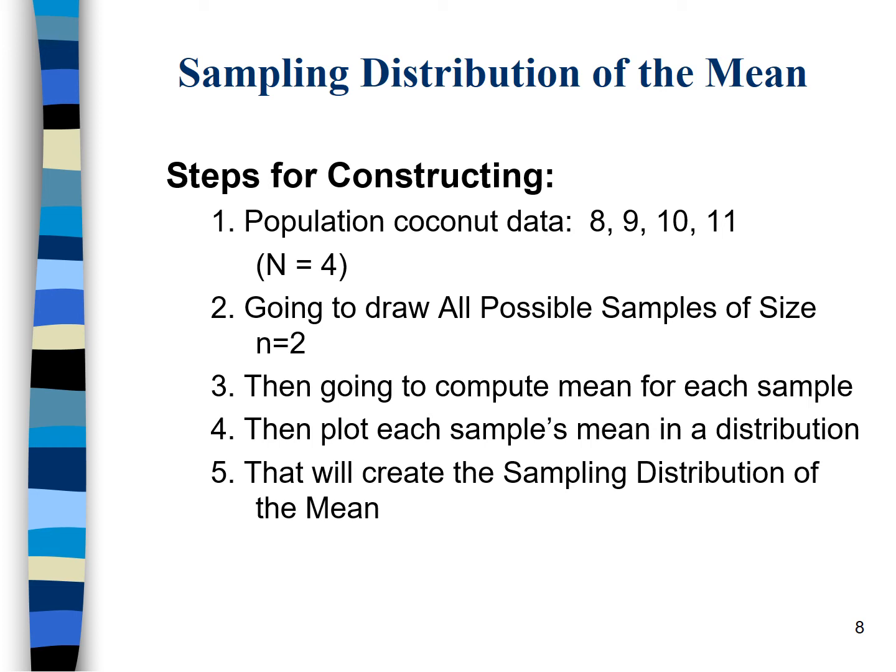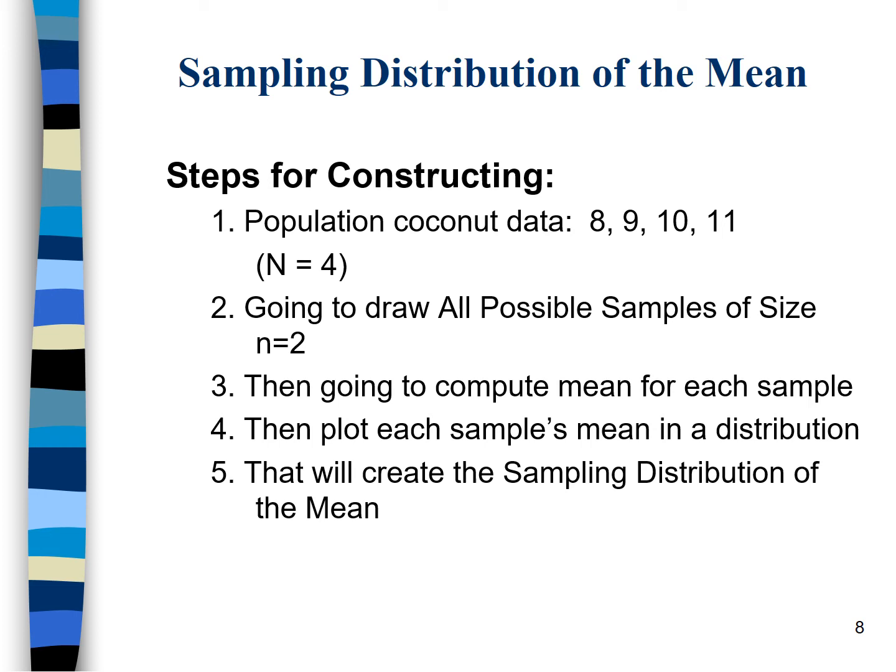So I say, okay, let's figure out the average for that sample. 9 plus 11 gives us 20. 20 divided by the sample size of 2 is a mean of 10. So the sample mean for that one sample is 10.